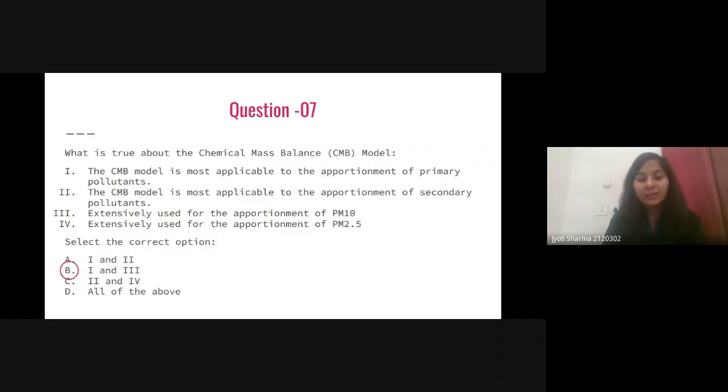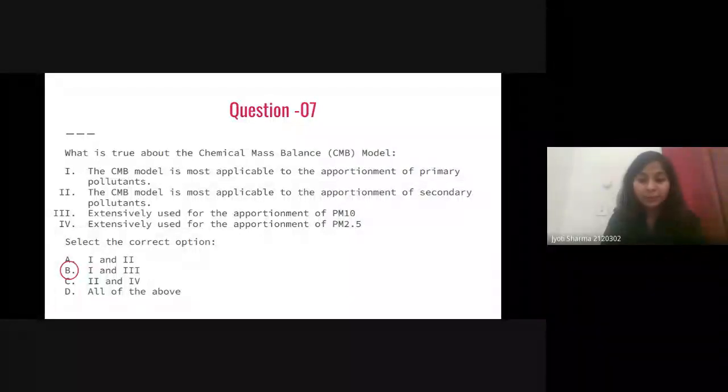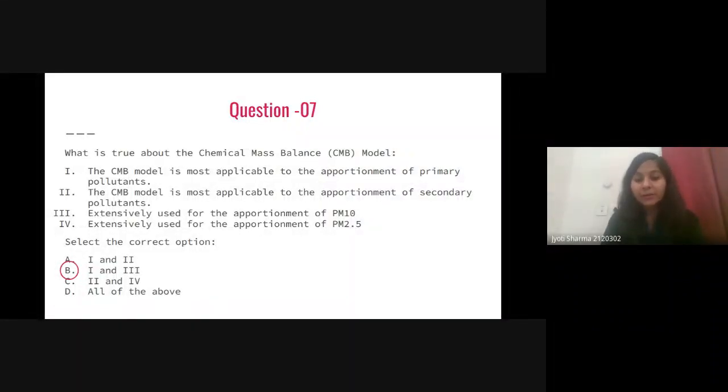Second, it doesn't consider the apportionment of particulate matter 2.5, but it is for particulate matter 10 only, because it is very well known and has been developed 20 years ago. So this model is only based on particulate matter 10 and on the primary pollutant. So the answer is B.